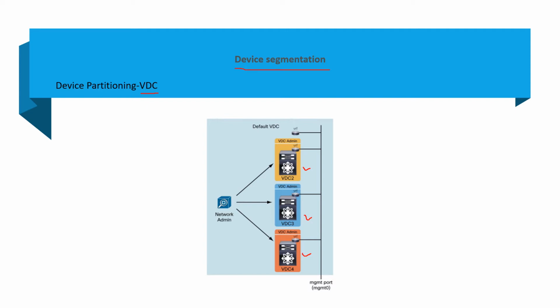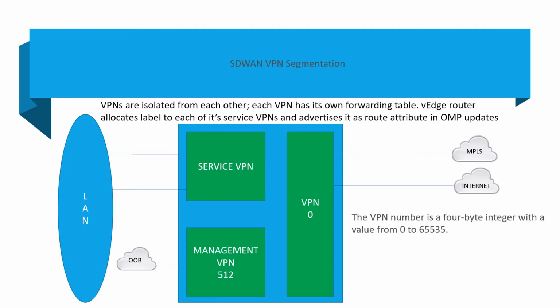And these cannot talk to each other unless you provision a mechanism of route leaking. Let's come back to our original topic of discussion, SD-WAN VPN segmentation.